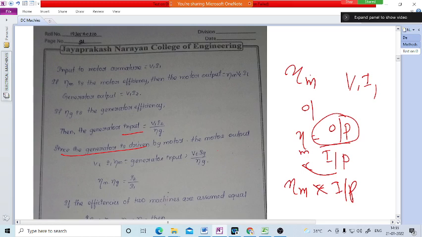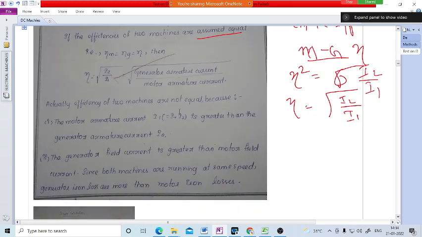So efficiency is equal to the square root of generator armature current by motor armature current. This is how we find the efficiency of the MG set by applying the Hopkinson test.